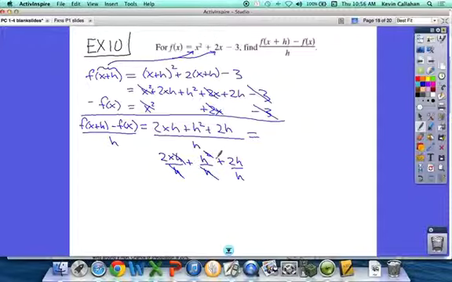This h cancels with one of those, and these h's cancel. So what's left is 2x plus h plus 2. And you can do it any way you want. You know, I always line it up like this. And if you're making a lot of mistakes doing it your way, do not try to do it this way.